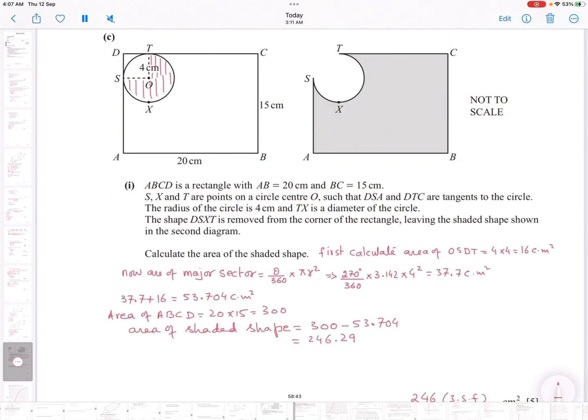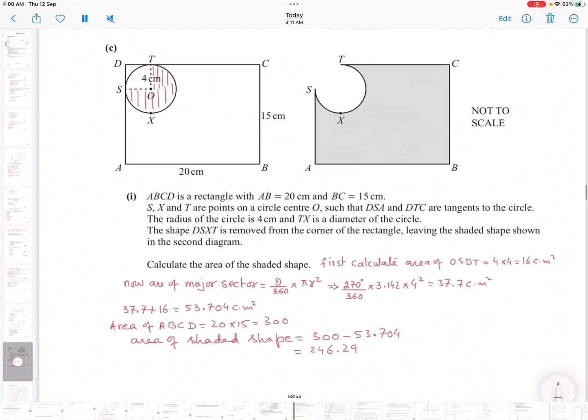Now come AS. How to find AS? The length AS is 11. How? I subtracted 4 from 15. Look, SD or OT. OT is 4, so SD is 4. So AD is the same as BC. BC is 15, so AD is also 15. So you subtract 4 from 15, you get the length SA 11.